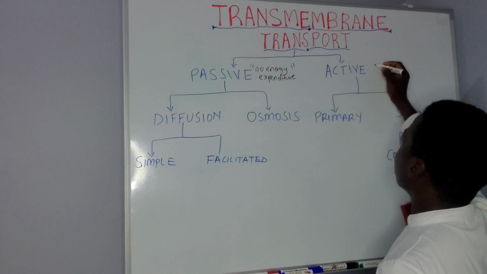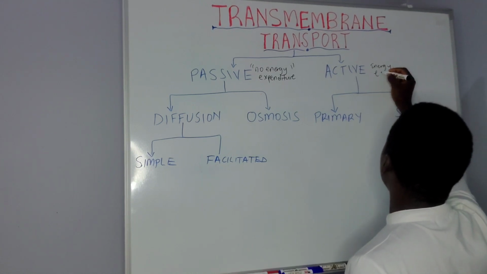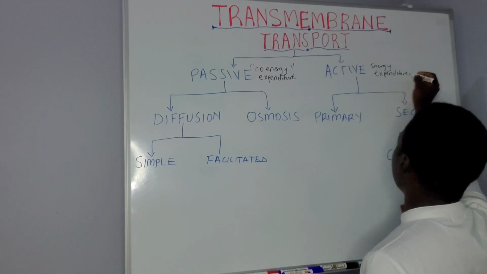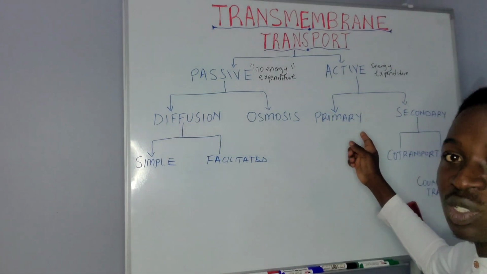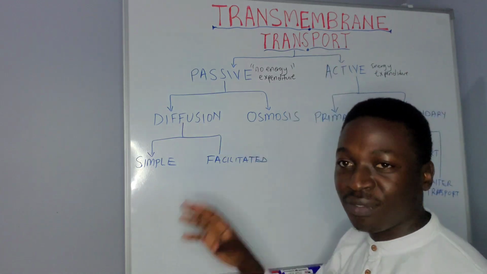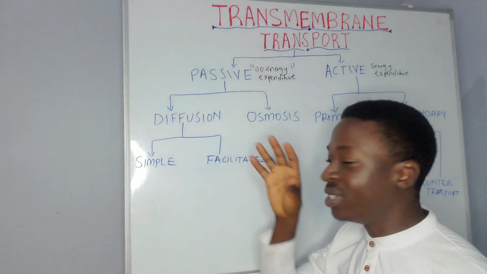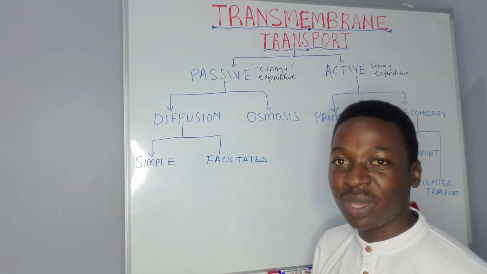Whereas in active transport, we have energy that is broken down, or we are expending energy, what we are calling energy expenditure. So this is one most important distinction between passive and active transport. You should remember this. Passive transport, to repeat, is a form of movement of molecules across the cell membrane that does not require energy, or where there is no energy expenditure.